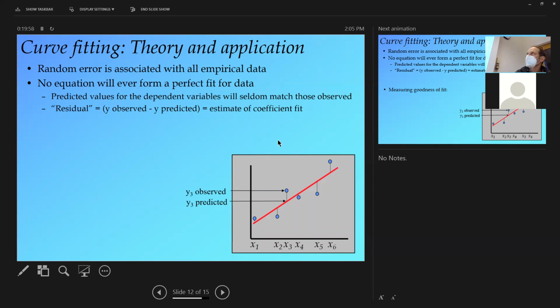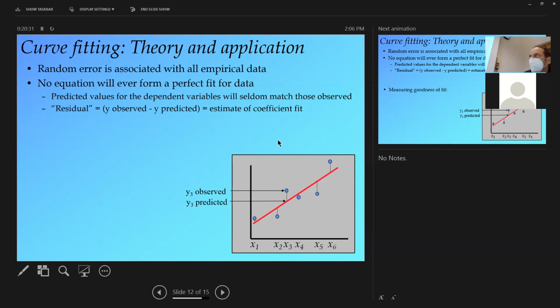All these points are observed values. You're trying to minimize the distance between your observed points and the predicted points, the predicted points being what your equation would predict for a point. So that's your overall goal, to minimize the difference between y observed and y predicted.